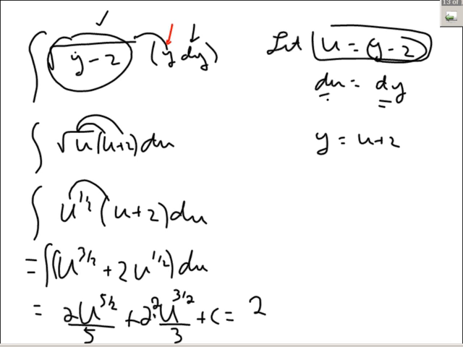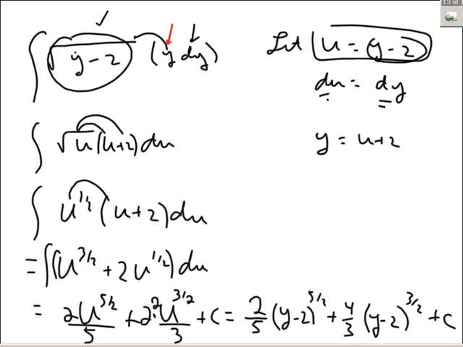So you get 2/5 u, which is y minus 2, to the 5 halves power plus 4/3 times u to the 3 halves plus c, where u is y minus 2.